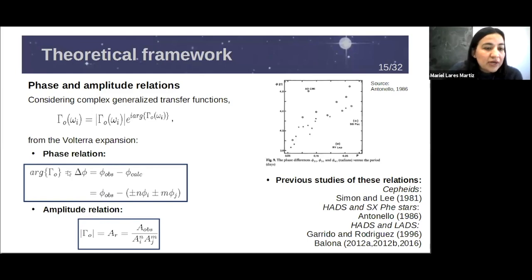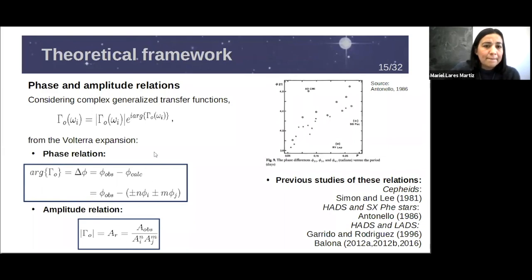When we separate, as the aim is to characterize this complex gamma function, the argument and the modulus, we end up with this phase relation and amplitude relation.